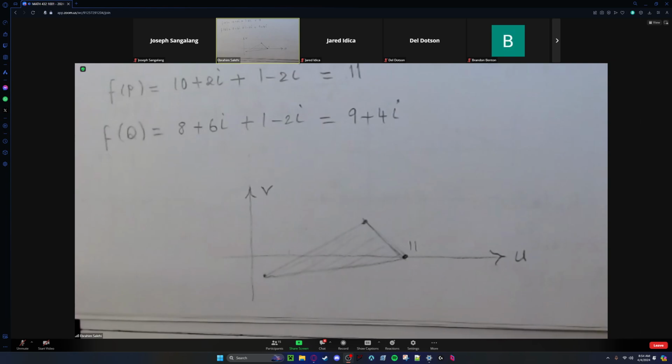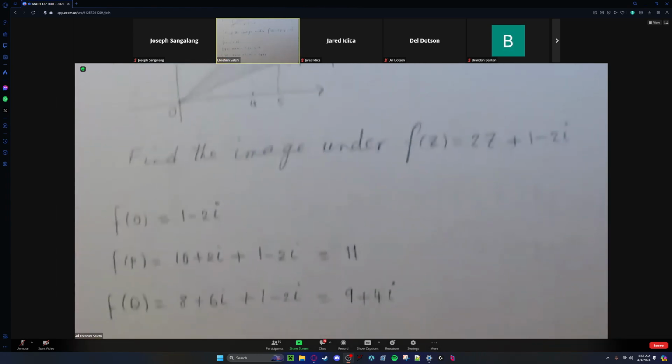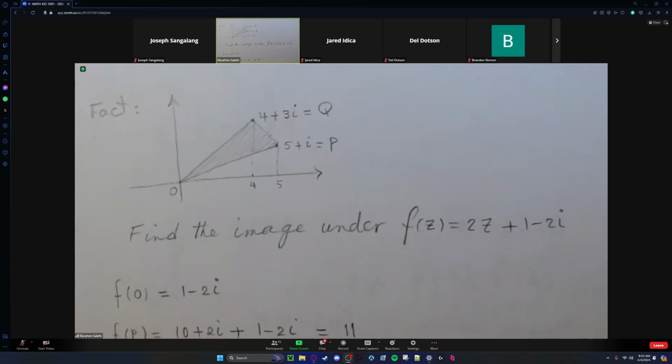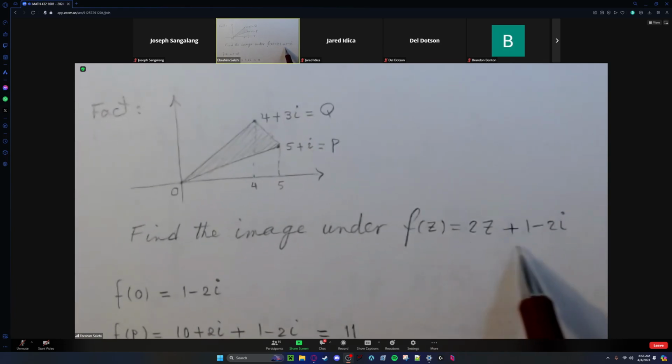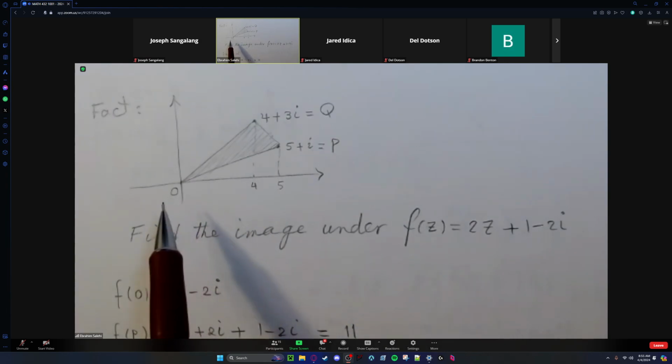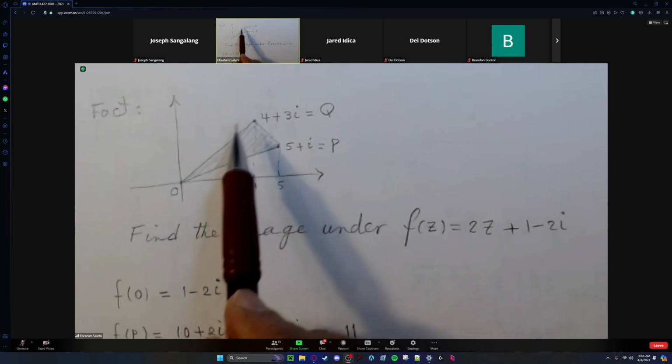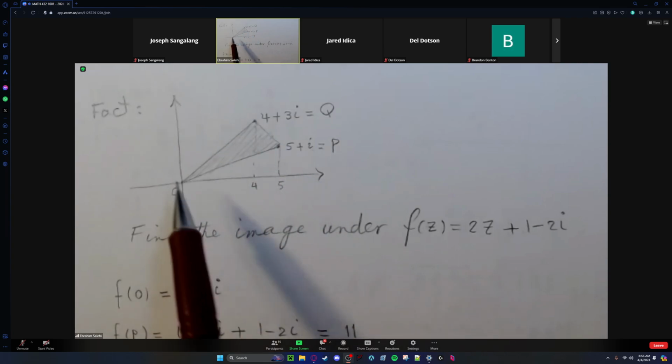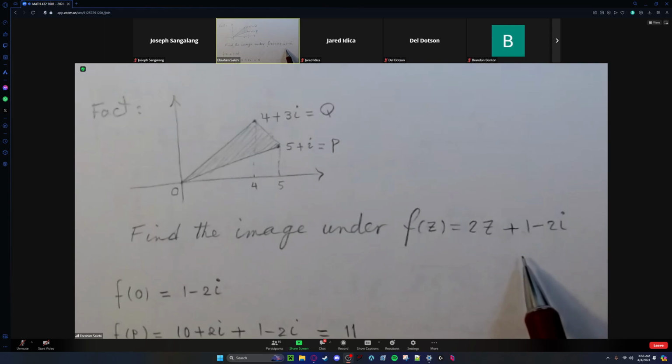This is what we are going to do in chapter 17. We will apply different functions to different regions, right? In this case, we applied this linear function, and the question was, what will be the image of this after we apply this function to it?